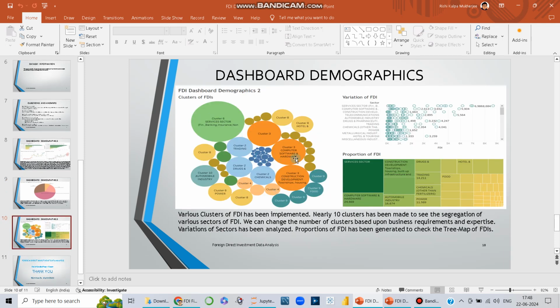Intuitive analysis has been done on the dashboard demographics with the clusters of FDIs, variations of FDIs and proportions of FDIs. Ten clusters have been implemented, but we can use any number of clusters to see the segregation of the various sectors, and we can change the number of clusters based on business requirements.